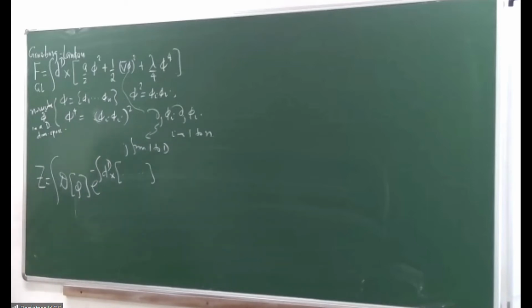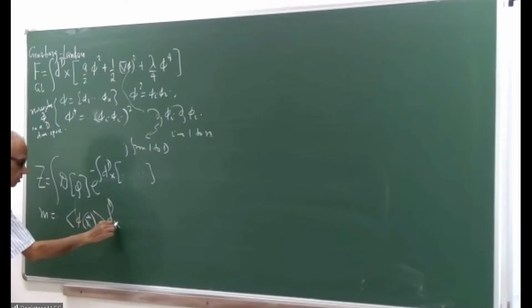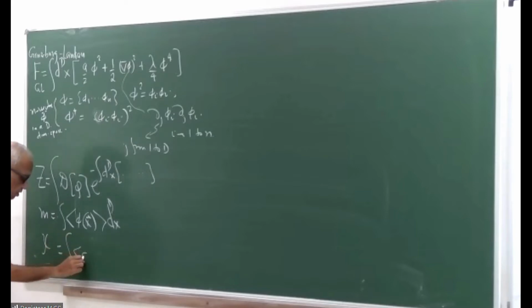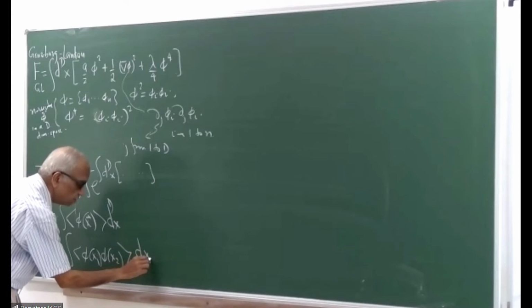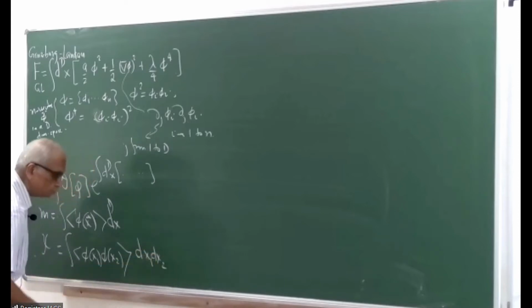In particular, M, the magnetization, is the average of phi integrated over all space, and the zero field susceptibility is the integral of the correlation of phi(x1) and phi(x2), dx1 dx2.